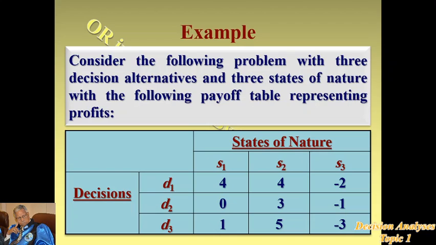The opportunity loss decision maker will use the minimax regret approach. Therefore, we have to understand the behavior of each of them by using this example.